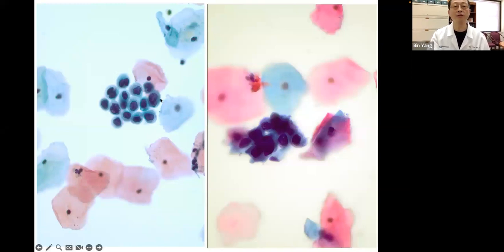Another differential when you see HSIL is endometrial cells. See this one, very uniform. They look very histiocytic because they have an irregular nuclear shape. So that brings your differential to endometrial. However, HSIL tends to be flatter.